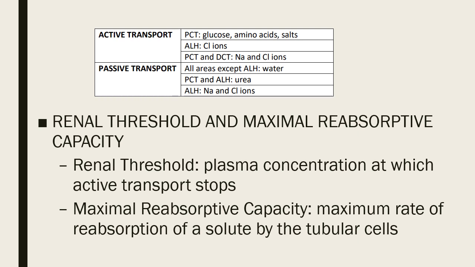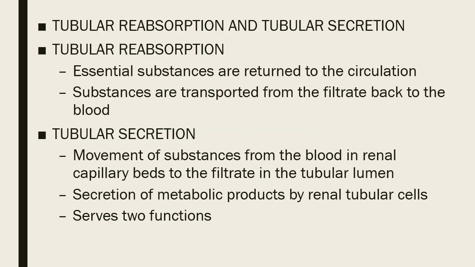Of course, it will be excreted in the urine, and when you test the urine using a reagent strip for glucose, you will have a positive urine test. That is for your renal threshold and your maximal reabsorptive capacity.